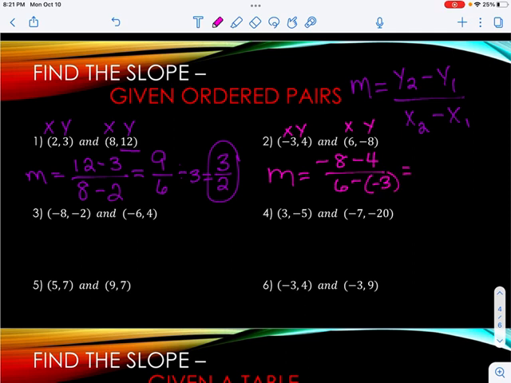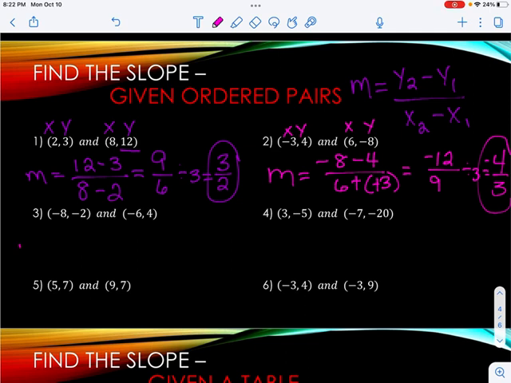So negative 8 minus 4 gets me a negative 12. 6 minus a negative 3, remember subtracting a negative is like adding a positive. So 6 plus 3, which is 9. So that can be divided by 3. So that would get me a negative 4 thirds. And that would be my slope simplified.